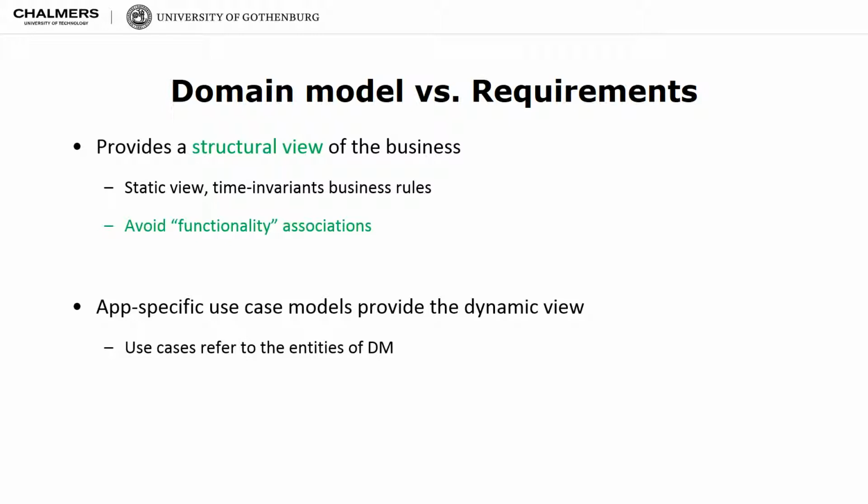The reason for this is related to the fact that the domain model should be, to the best extent, application independent, and should provide a representation of the business environment for all the applications that you might eventually build in that domain.